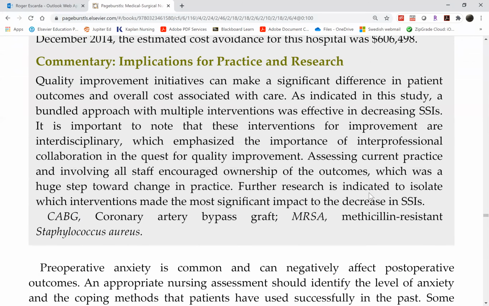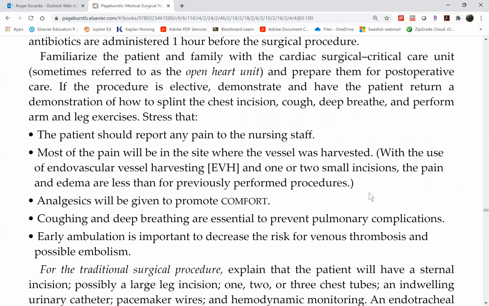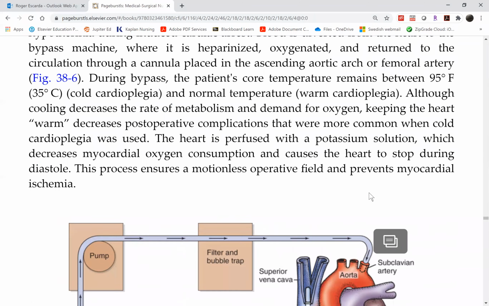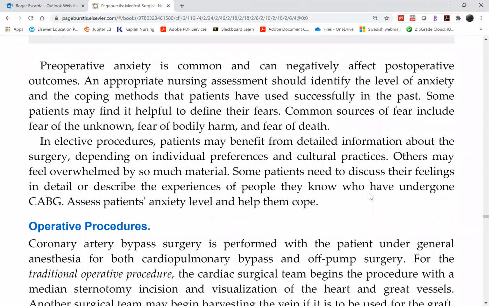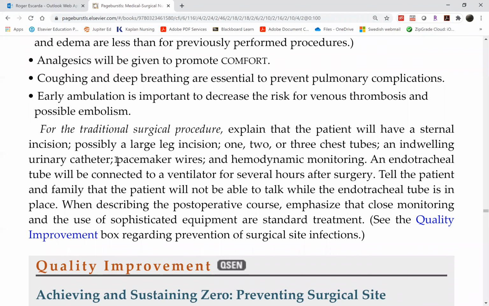So you will expect, besides the drains, the patient will also have pacemaker wires when we restart the heart. So there will be an external pacemaker. It'll be removed usually the next day, or sometimes even several hours later, the pacemaker wires will be removed.